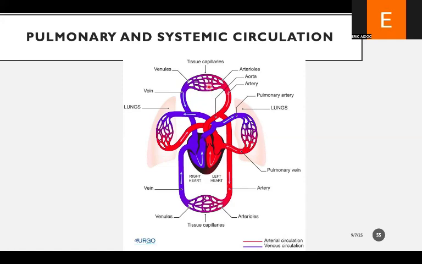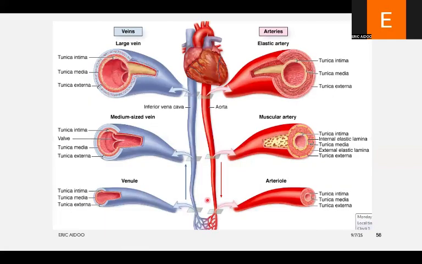Then you also have the common carotid, which will be going towards the head as well. And then also the left subclavian going towards the shoulder region. And then the lower portions too are here. So that is, in simple terms, how the circulatory system works.